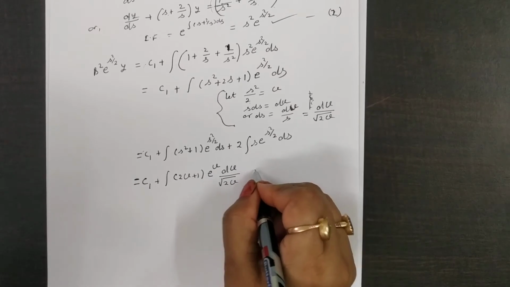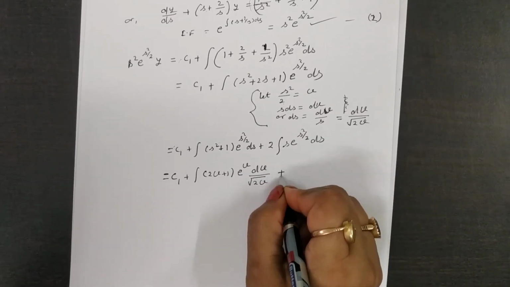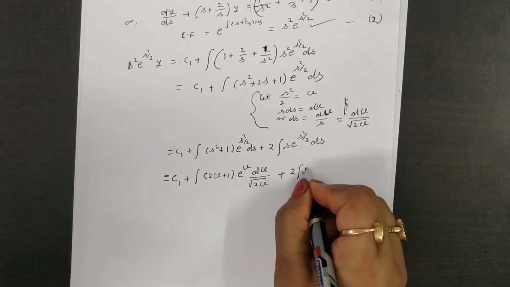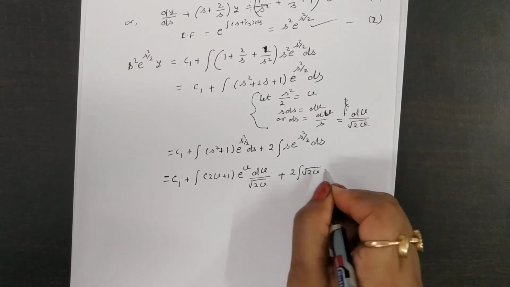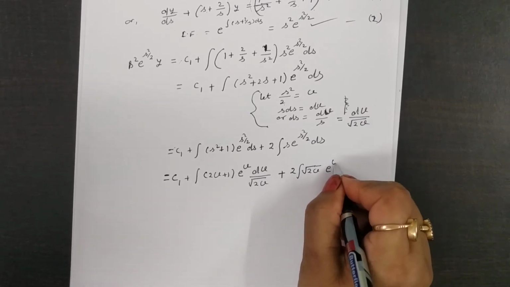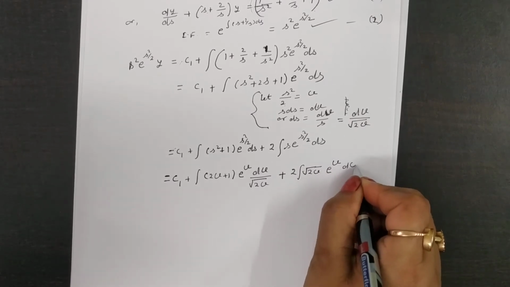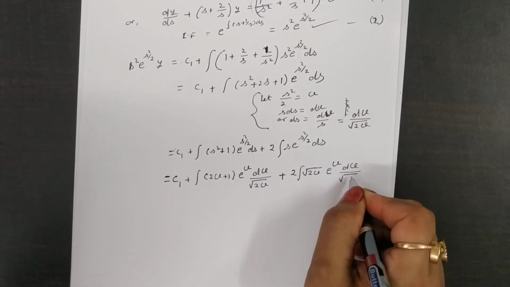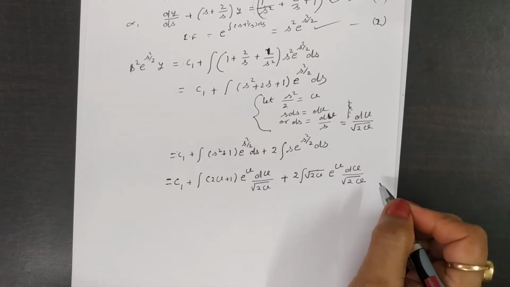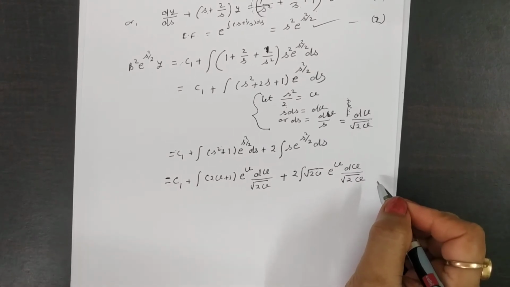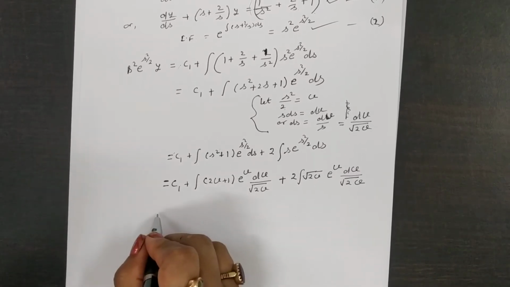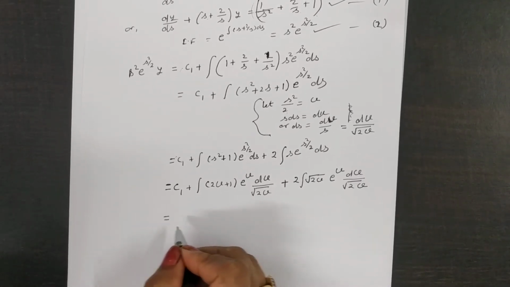Plus 2 times, and this becomes under root of 2v, and here is e to the power s square by 2, that is e to the power v, and here is dv by under root of 2v. Clear?